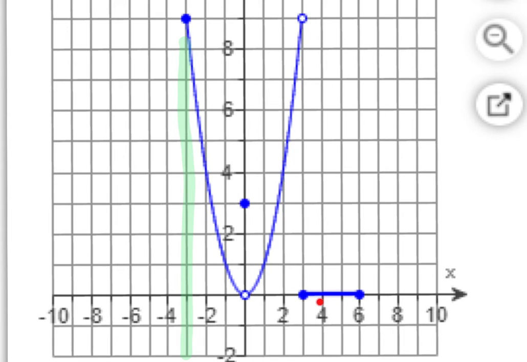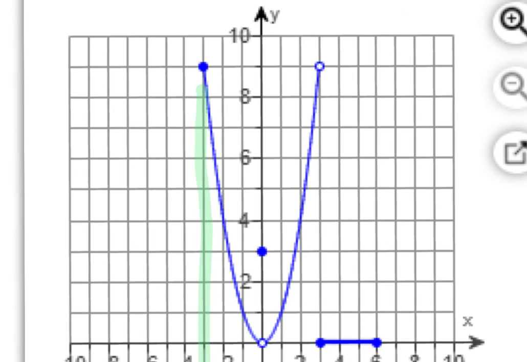So I'm moving closer and I'm doing a whole lot of different things, but as I get closer and closer and closer to -3, this y value is headed up here to this 9, and that's from the right side. So that's why that statement was true.